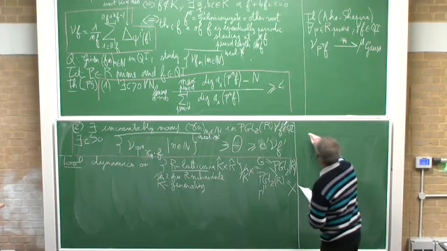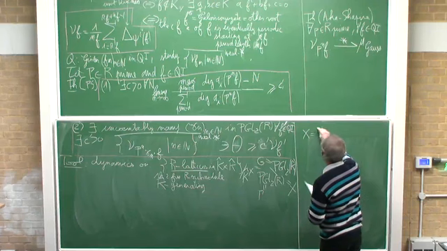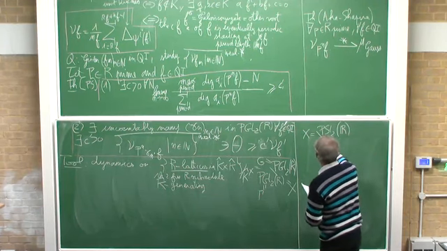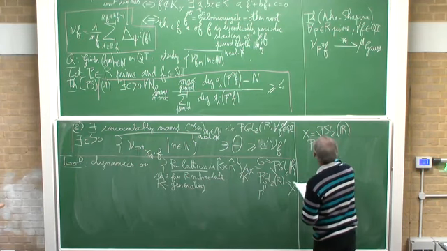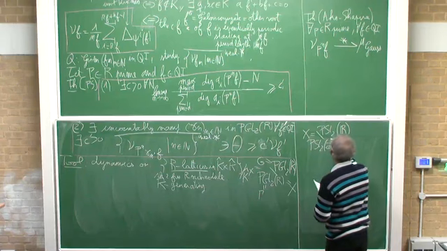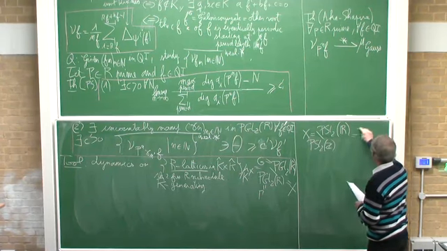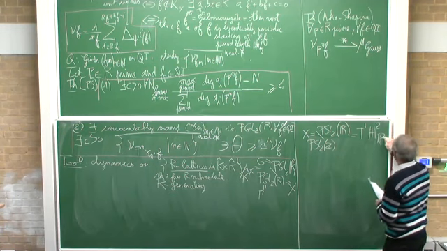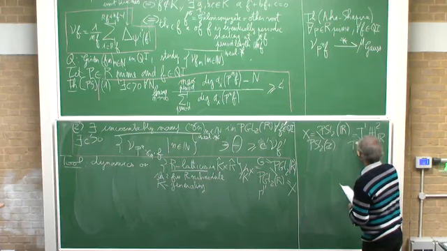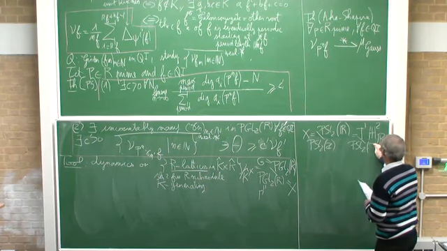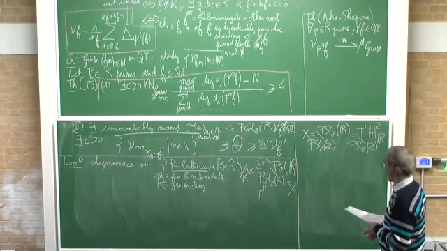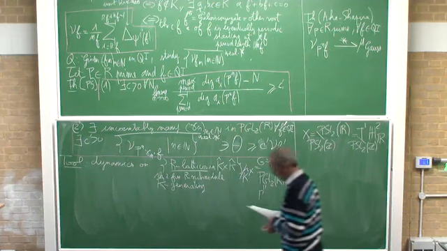So in the real world, X is just PSL2 of R modulo PSL2 of Z, and this you know very well, because this is the unit tangent bundle of the real hyperbolic plane divided by the modular group PSL2 of Z. Okay?